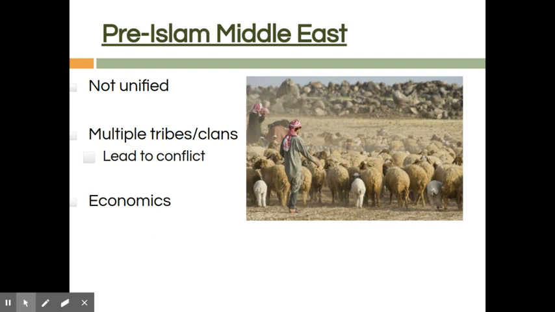The economy at the time, again, this is all before Islam began, was pretty much a herding economy. It's a desert climate, so you don't have a lot of farming going on. It's very hard to grow stuff in a desert. Bedouin is basically another word for nomadic. They still use this today throughout the Middle East.